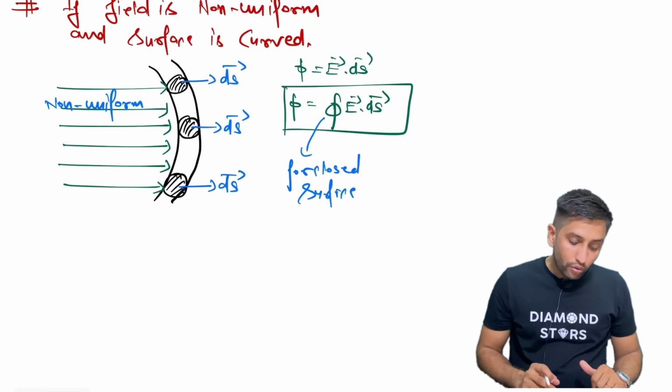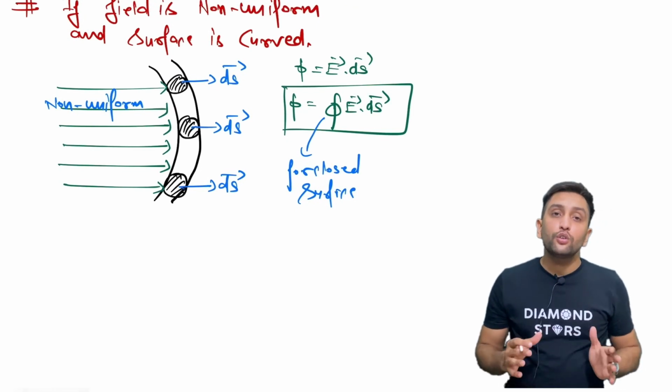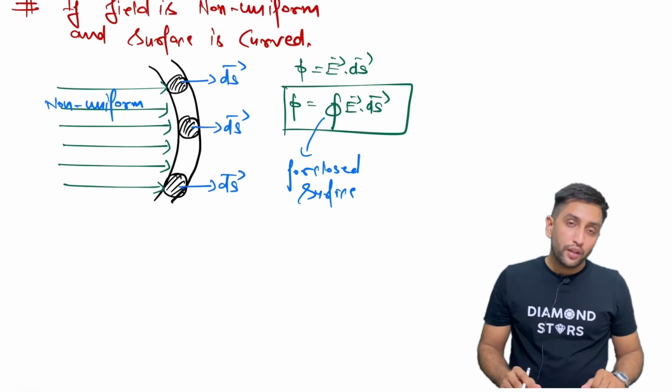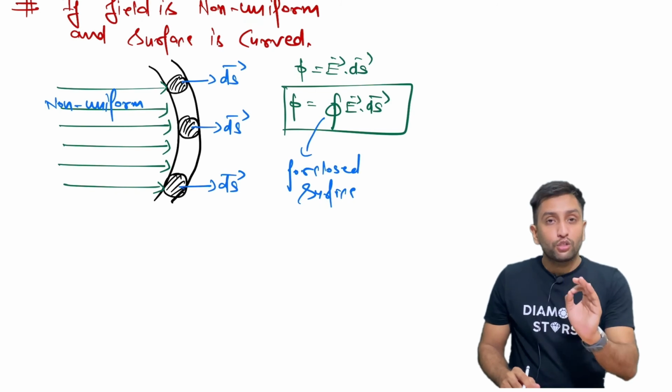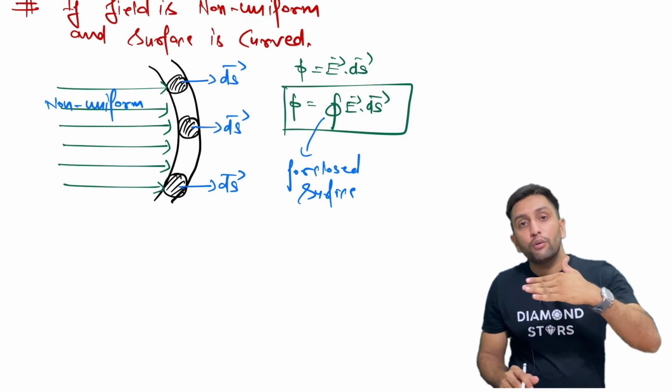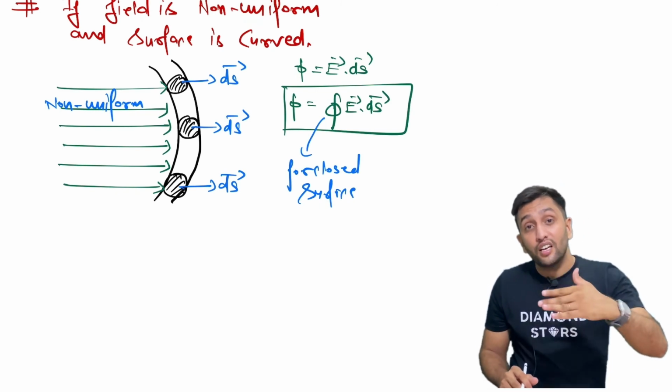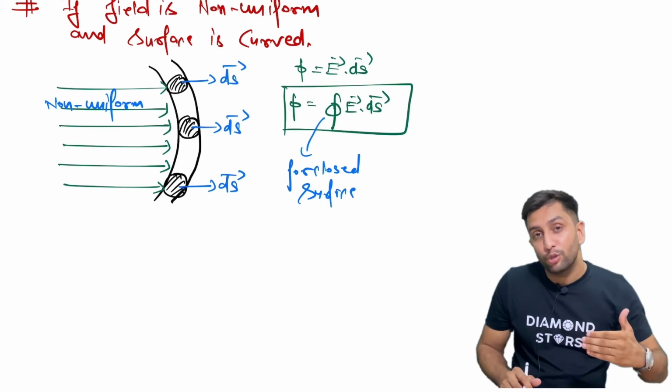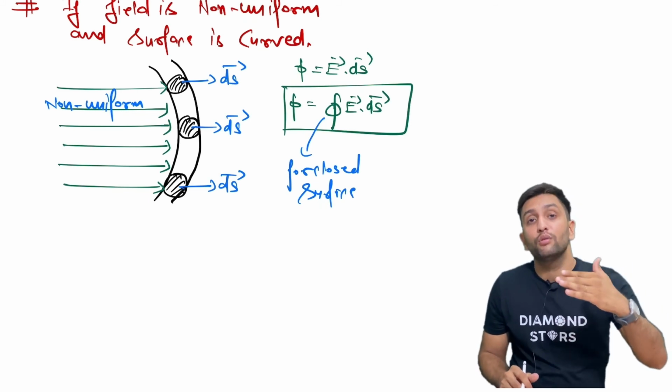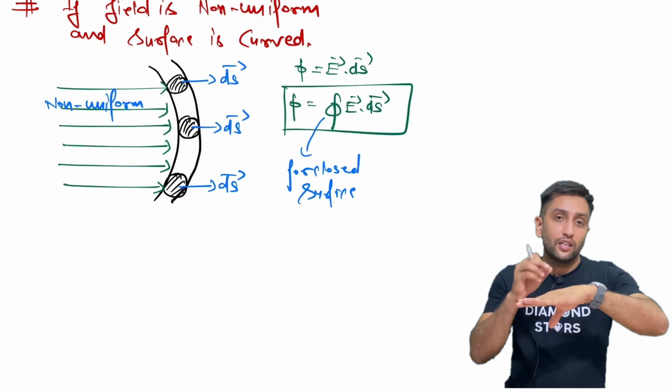Clear? Now when there is a non-uniform electric field, what happens? In that case, for the closed surface, it means electric field lines are not uniformly distributed, so it is not easy to calculate how many electric field lines are there in a particular area.